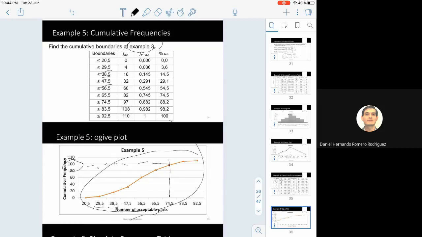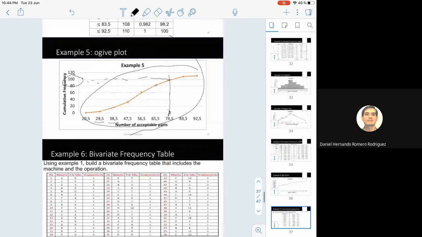So these are the type of analysis that you create using the ogive plot. It's like finding the percentage of observations, or the number of observations, that are below a specific value, or above a specific value. That will give you an intuition later on how to use these plots in the Pareto chart.